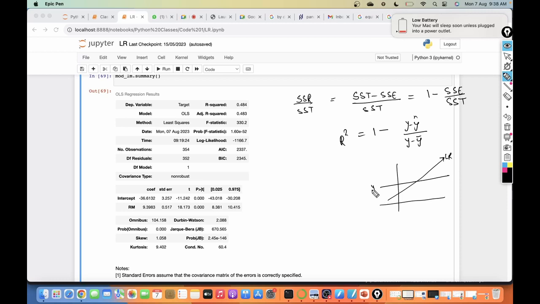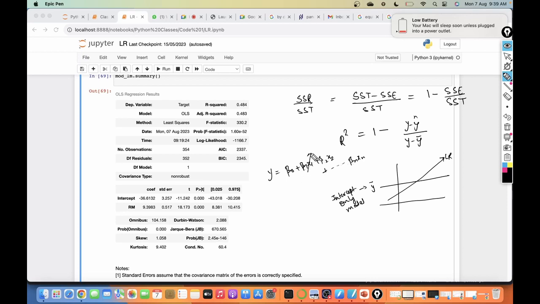Y average is also known as the intercept only model. What is the intercept only model? It means, for example, if y equals beta naught plus beta 1 x1 plus beta 2 x2 plus so on till beta n xn, right? So intercept only means we are not having any other coefficients, and we are not dependent on the different values.